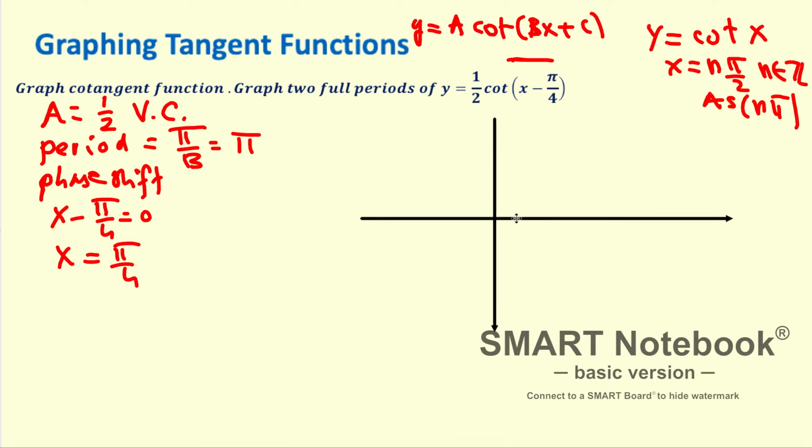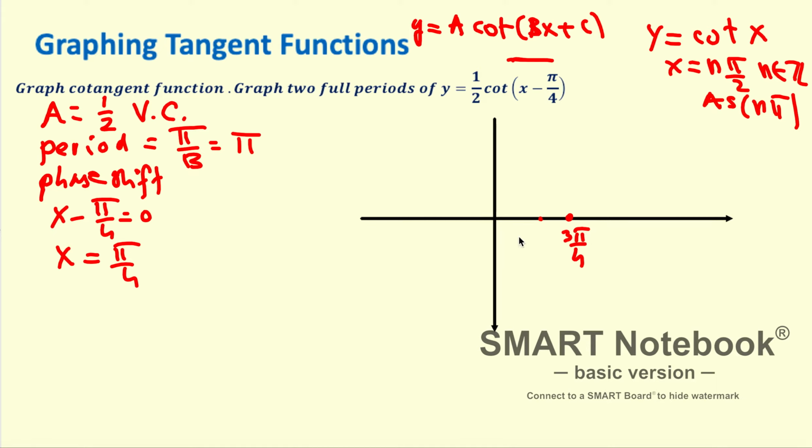But now, because we have a phase shift of pi over 4, pi over 2 is 2 pi over 4, plus pi over 4 is 3 pi over 4. So this point here is 3 pi over 4.